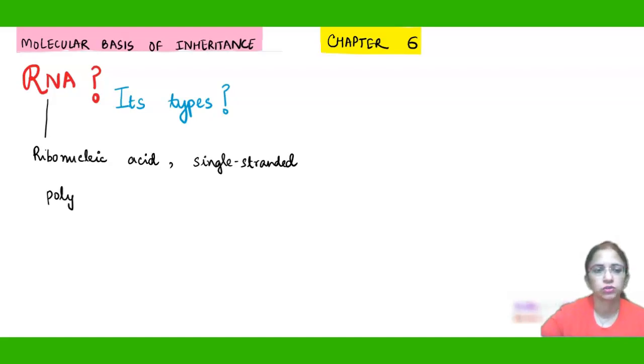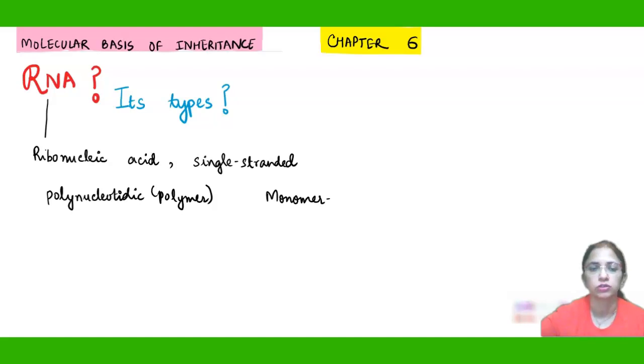It is also a polynucleotidic structure, which means it is also a polymer. And you know that polymers are long molecules formed by the aggregation of monomers, right? The monomer in the case of RNA is also the nucleotide.